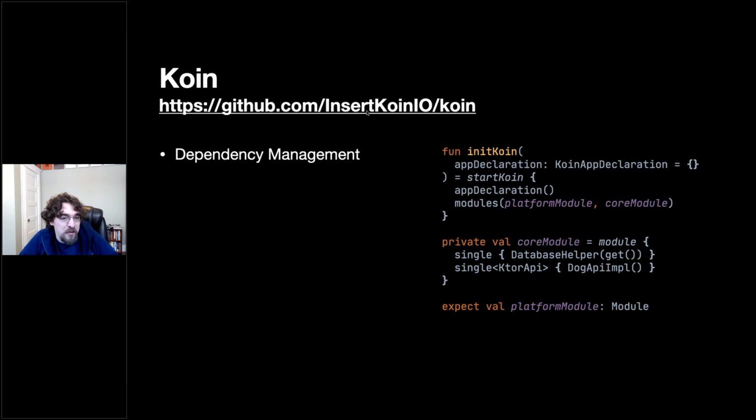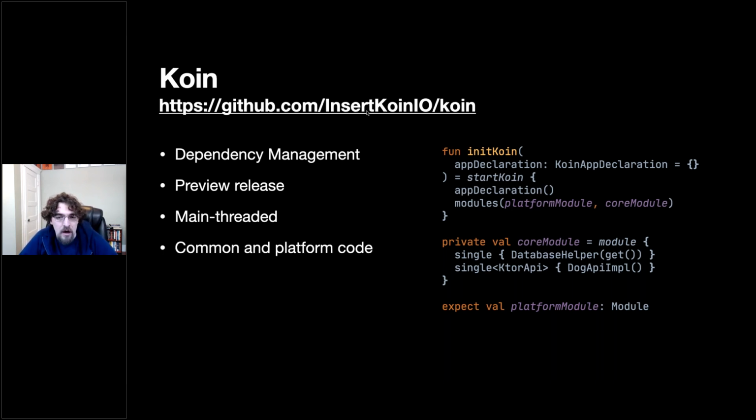It's an alpha of Koin 3.0. What it adds, and this was contributed by Kevin again, is some thread safety by enforcing that the configuration of Koin happens on the main thread on iOS, so that you're not accidentally passing things across threads.